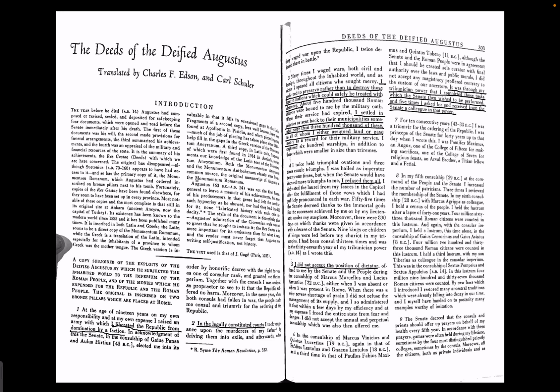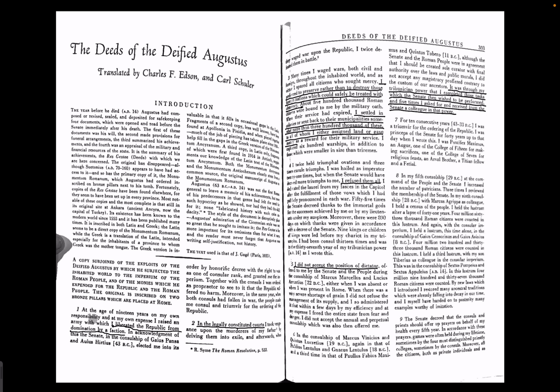The sole surviving version came from Asia Minor, I believe, what is now Turkey. But this document appeared all over the territory that Rome controlled. And so this was a very public thing. This was not something that was kept in an archive or something like that. This is the way, obviously, that Augustus wanted his rule to be remembered.